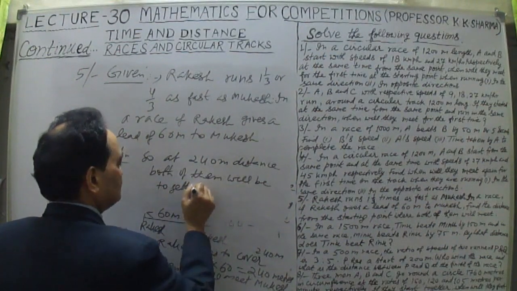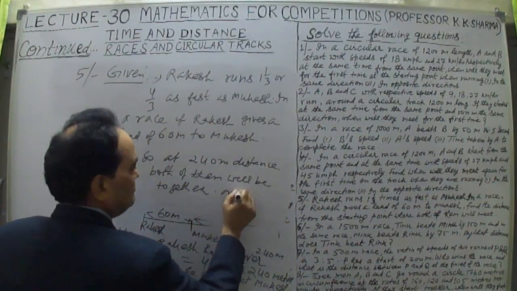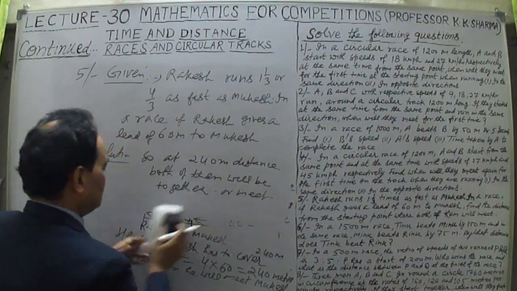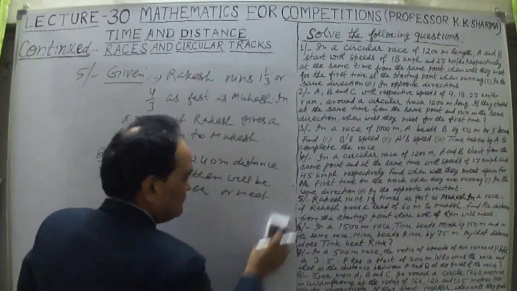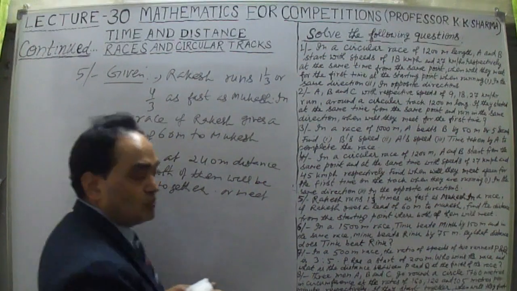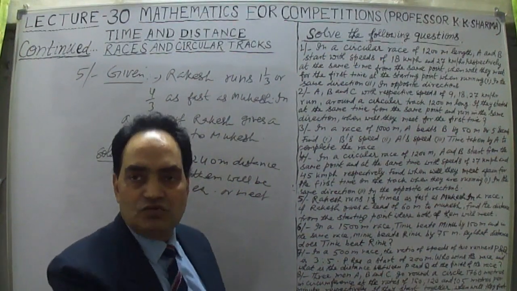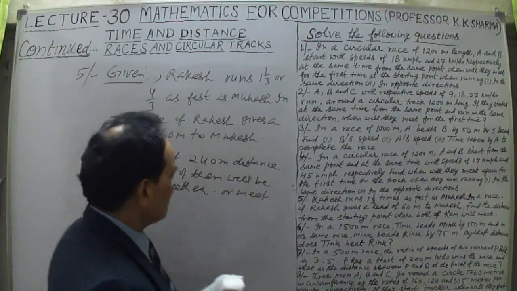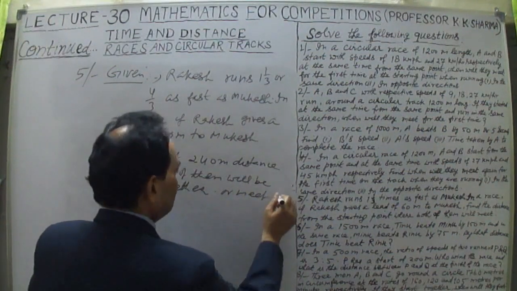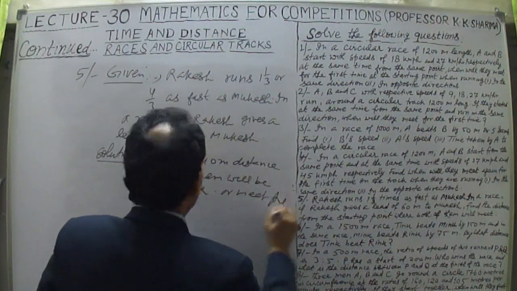Right, this is the answer here. Simple question. For every 4 meters he is gaining 1, because Mukesh is running only 3 meters and Rakesh is running 4 meters, as Rakesh is faster than him by 1 meter only. Okay, so this is the answer here.